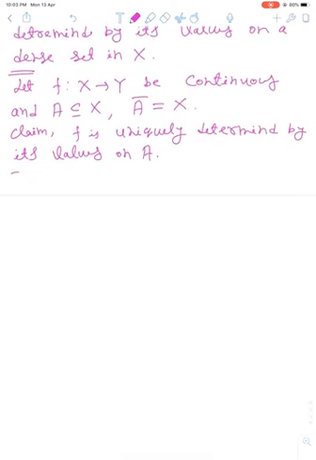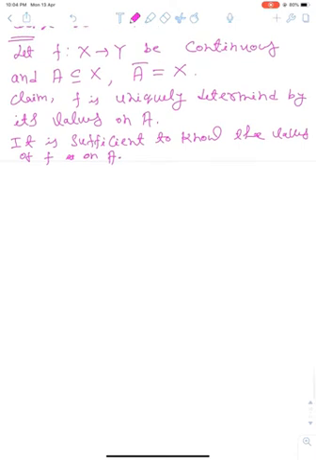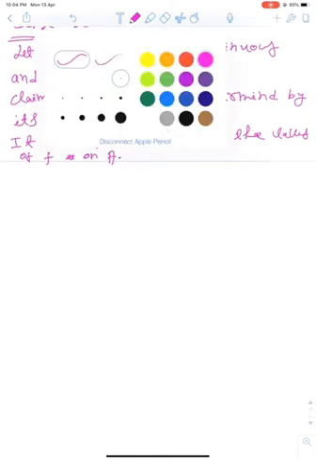That means it is sufficient to know the values of f on A. Why? Because here is the short proof.